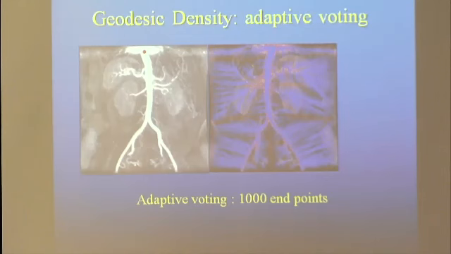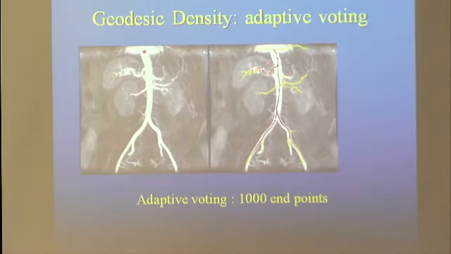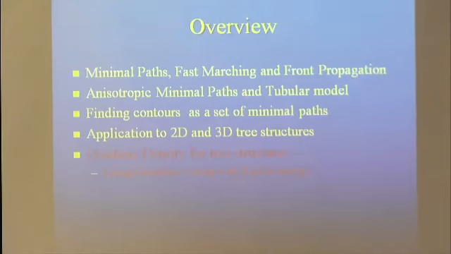So now if you consider the adaptive voting using 1000 endpoints, but these 1000 endpoints, instead of being on the boundary, are adaptively chosen on the image domain, you get a very nice result with all branches extracted.